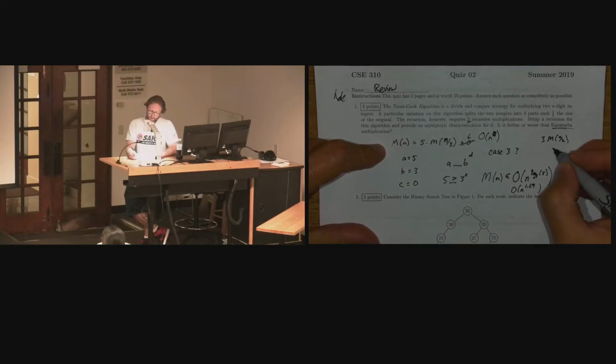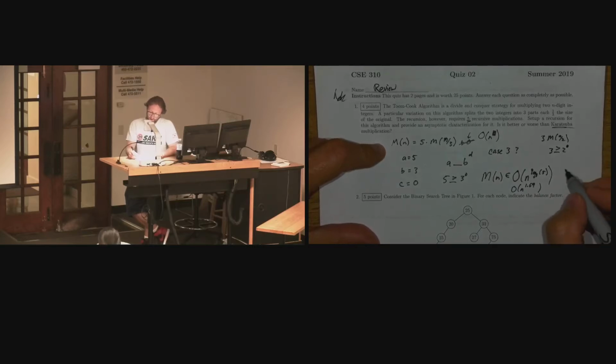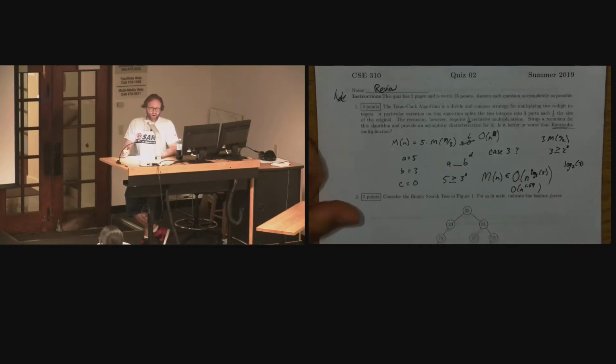So it's going to be 3 versus 2 to the 0. It's going to be the same case, but it's going to end up as being log base 2 of 3. I have no idea what that is. Log base 2 of 3 is going to be? 1.4, 1.5, okay. Again, this is why it's open book, open note, open computer. You can look these things up. Or you can put them in a cheat sheet if you want to.